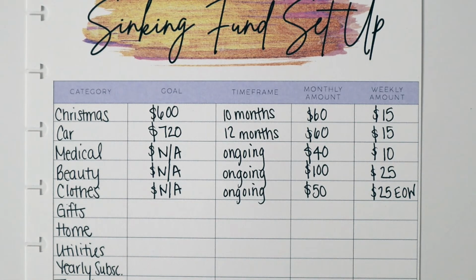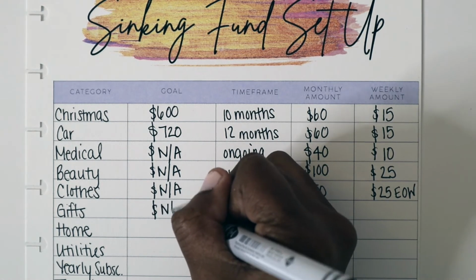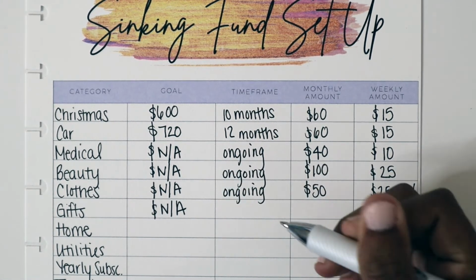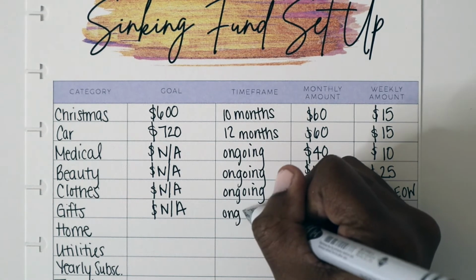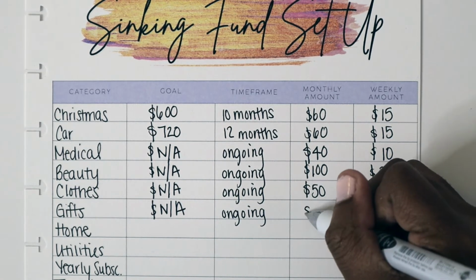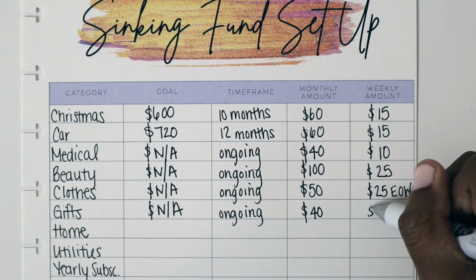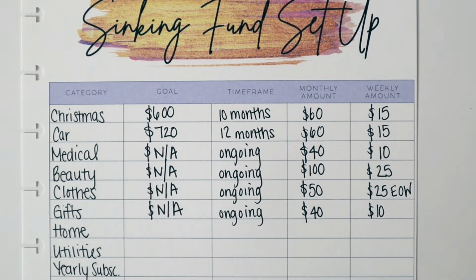The next category will be gifts. And again, there's no amount goal. This is another ongoing sinking fund, so there's no specific time frame that I want to have it by, but I do want to put at least $40 a month in this sinking fund, and then that would equate to $10 a week.